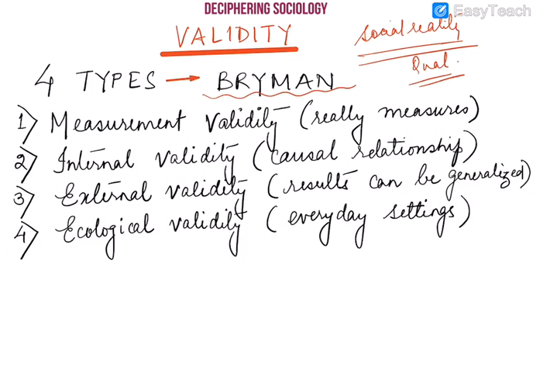So, what happens in measurement validity? It measures whether a particular method really measures what it claims to measure. Any method, that means it is a kind of test. For example, if a method is being used to measure the sex ratio or female education, does it actually reflect the reality?